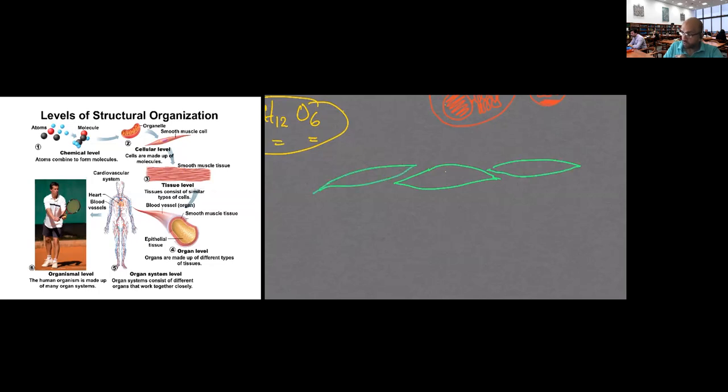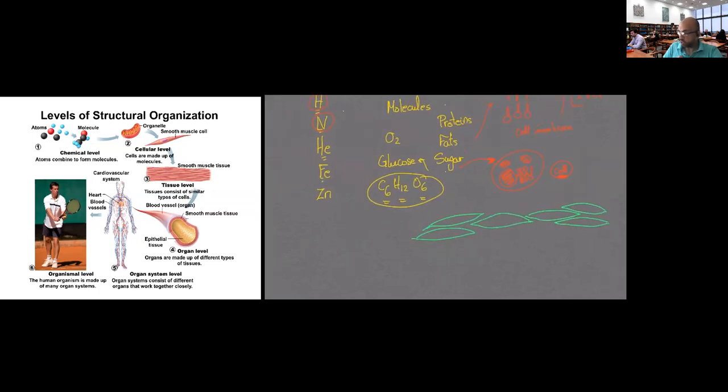You don't have single cells located in your different organs, but you're going to have a collection of cells of the same type. A collection of cells of the same type is what we call a tissue.